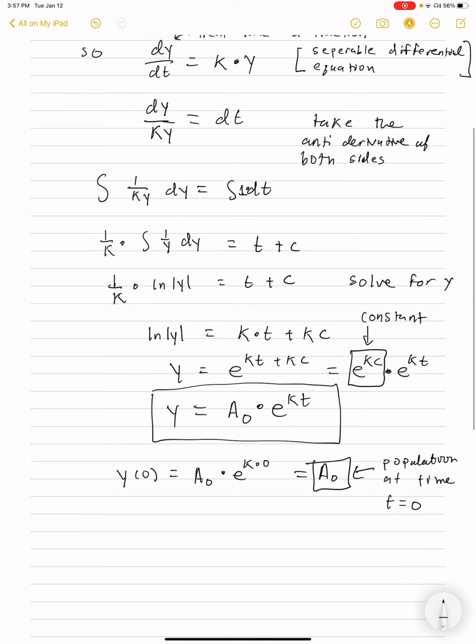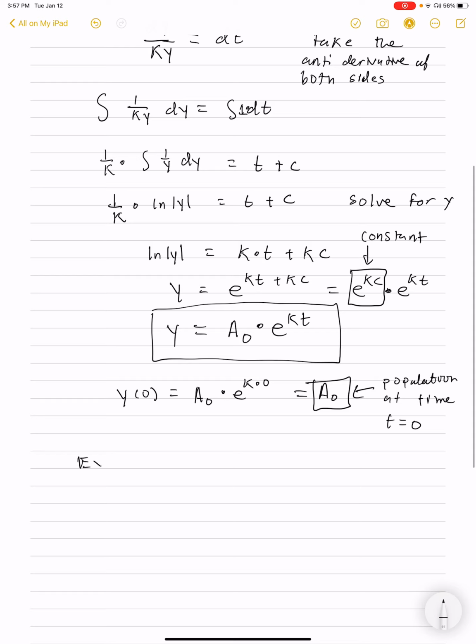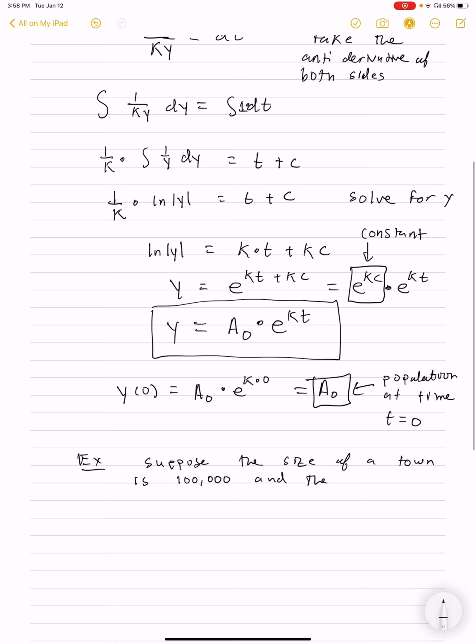Now, let's do just a brief example. Suppose the size of a town is 100,000, and the growth rate is 2%.